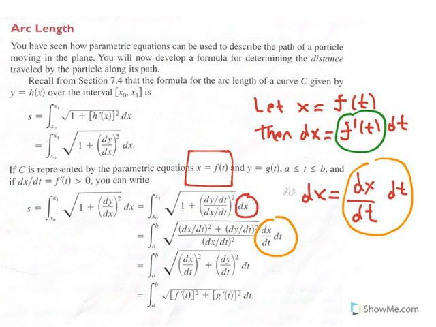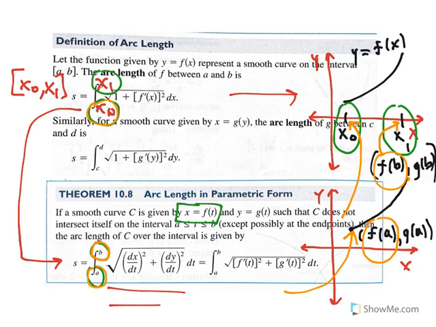And furthermore, as we saw earlier with the two curves that I sketched, f of a corresponds to one endpoint of the curve, corresponding to x naught when we had the curve described by our rectangular equation, and f of b corresponds to the other endpoint of the curve, corresponding to x sub 1.